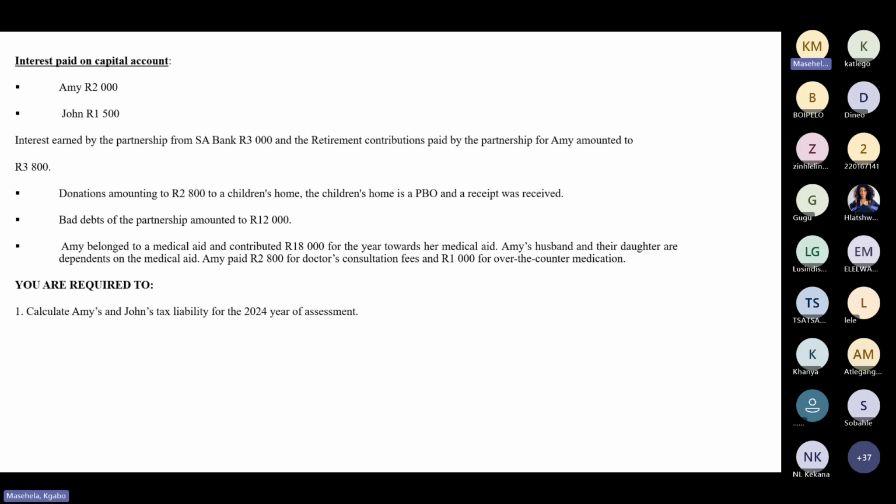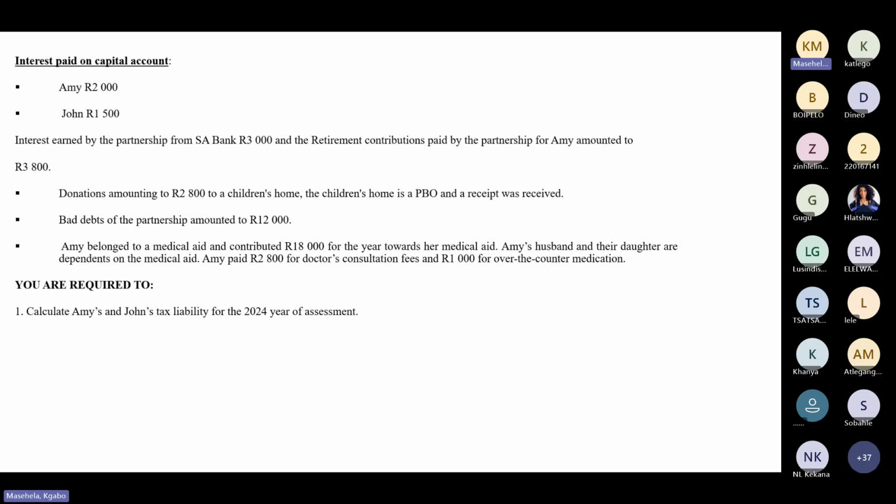The interest earned by a partnership, this amount. And again, donations amounting to 2,800 to a children's home. The children's home is a public benefit organization, and a receipt was received. Then we know if a receipt was received, this section 18A certificate, that is a proof that a donation has been made.